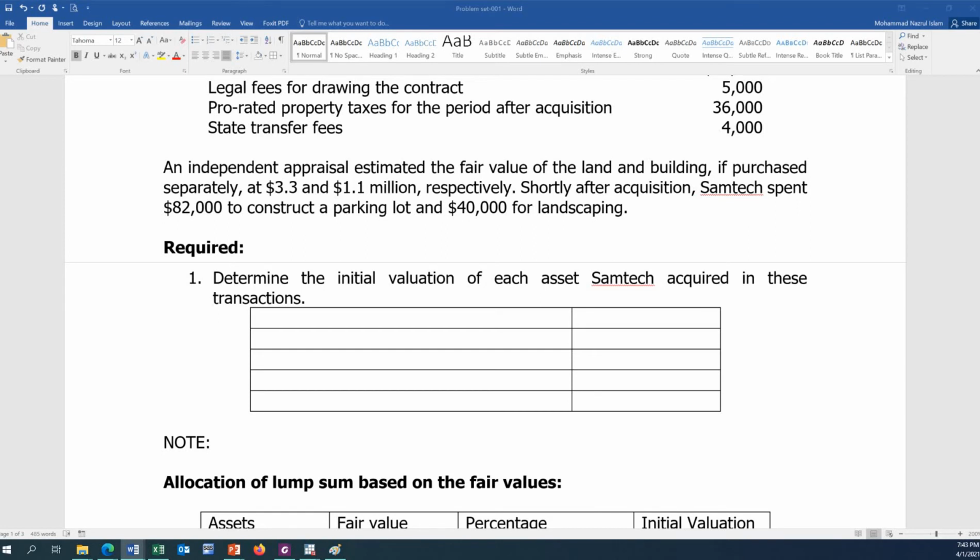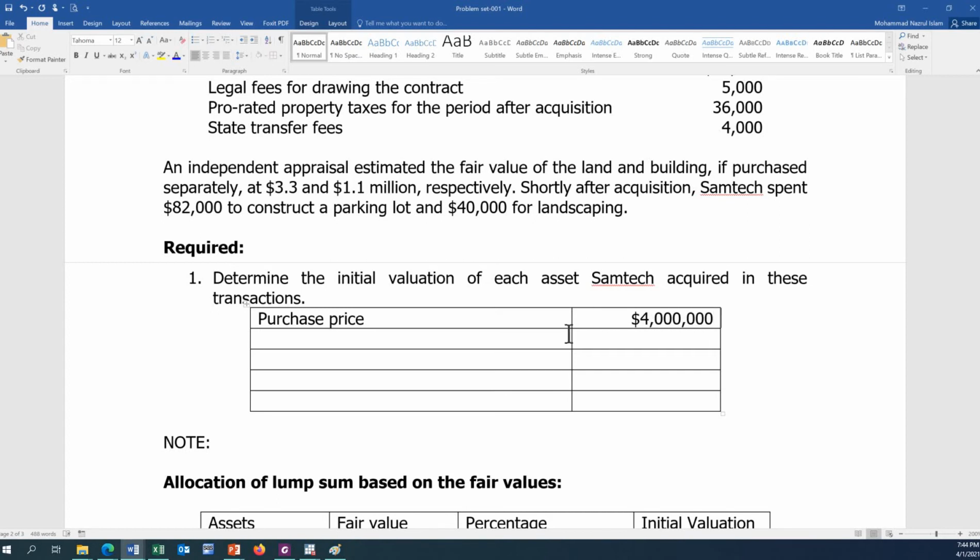Let's see what we need to do. The first one, purchase price. The purchase price is 4 million.